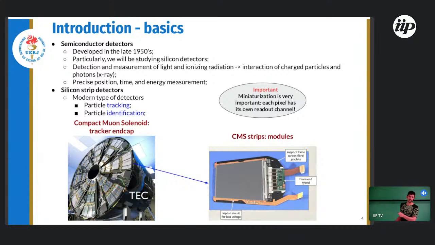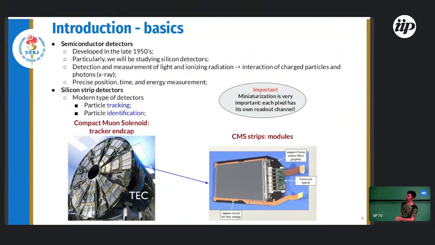And at the CMS, for example, we use a lot of silicon strip detectors, really strips. And we use them for particle tracking. We can see the tracks of the particles, and also we can identify the type of the particles, if it's a kaon, etc. And this is how we do it at the CMS.